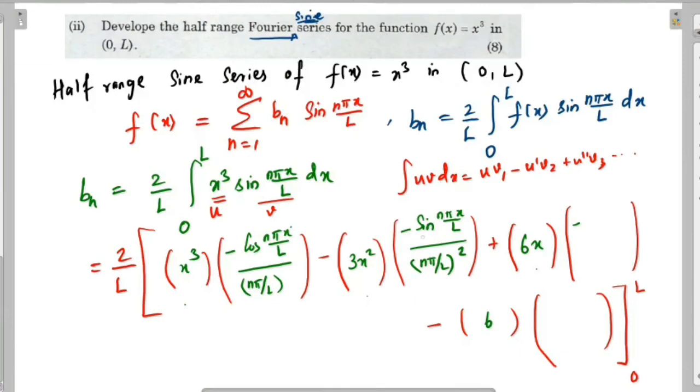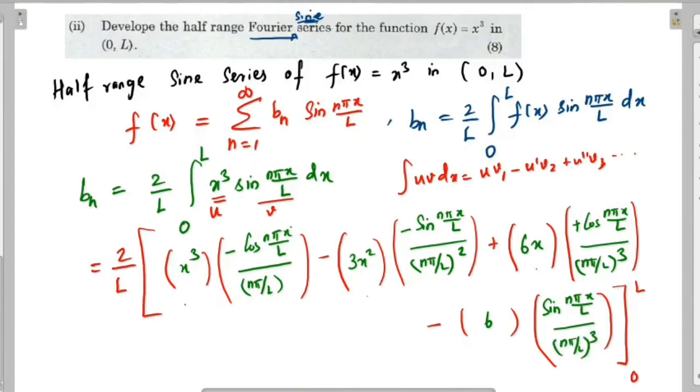If you integrate sine, you make it plus. So plus cos(nπx/L) divided by (nπ/L) whole power 3. Once again, you have to integrate the previous integration, that means you may get sin(nπx/L) divided by (nπ/L) whole power 4.